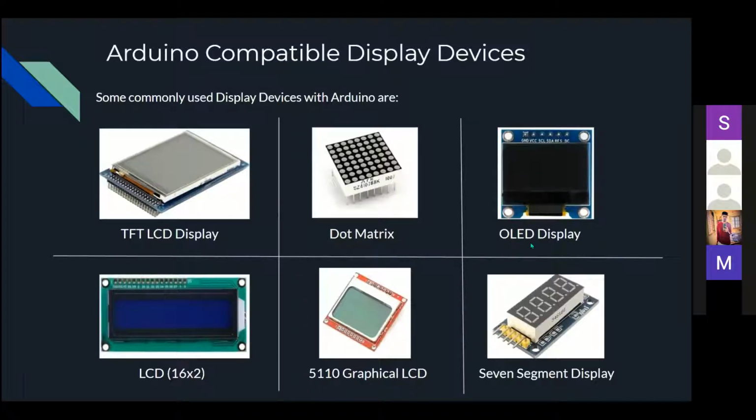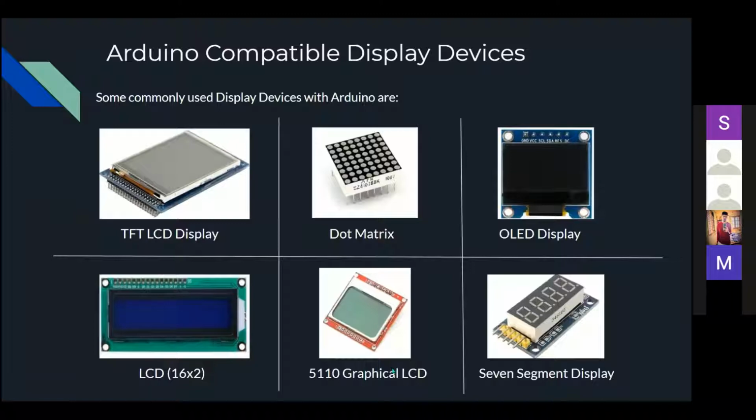This one is a modern type of display which can be easily connected with your microcontroller or microprocessor just by accessing one of its communication interfaces, namely I2C, SPI or UART. The next one is the LCD, again an old traditional display.